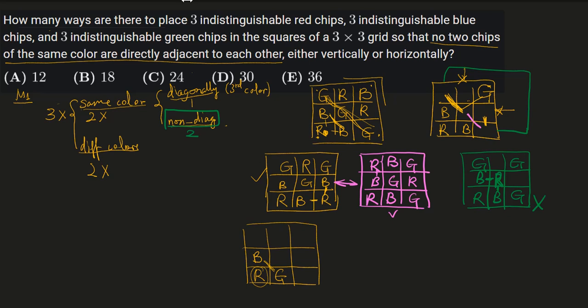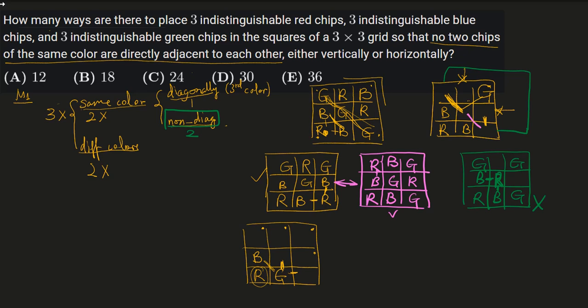Therefore, we shall only consider the two greens or the two blues. So let's consider the two greens, right? Since we have a green here, these two cells can't be green. Therefore, the remaining two greens have to be placed either in this square, this corner square, or this square. We have four possible squares to place the rest of the two green chips.